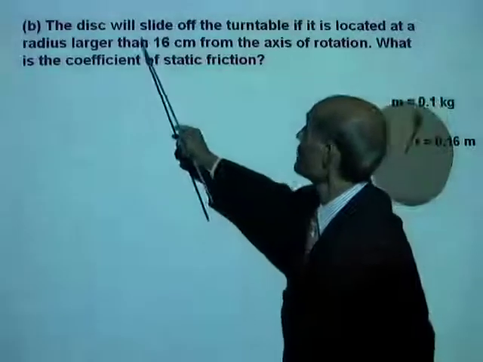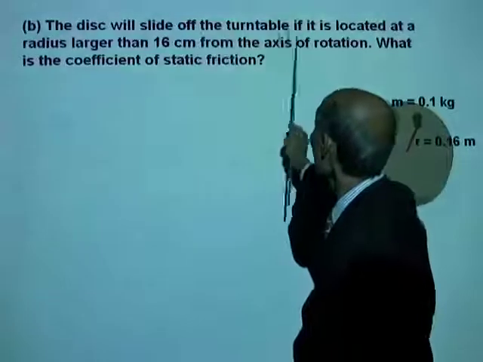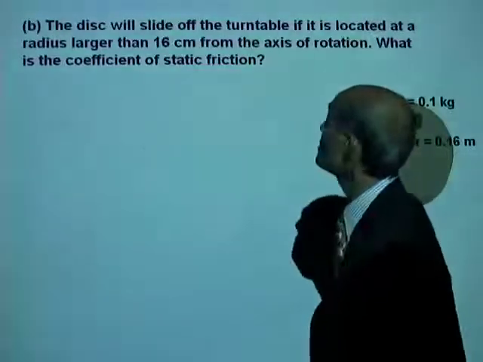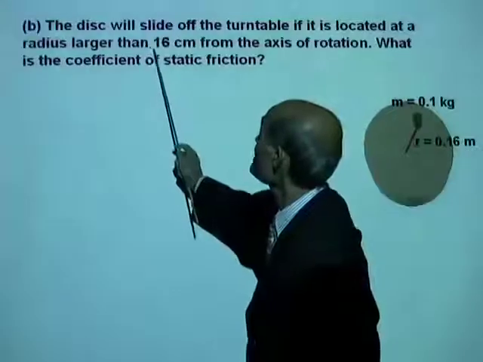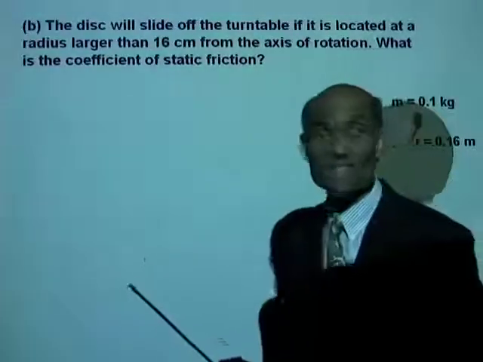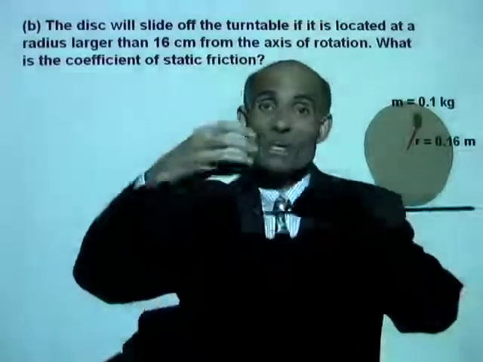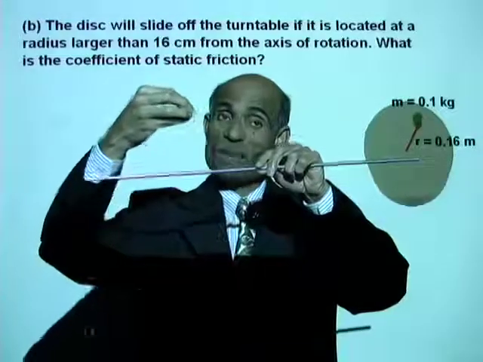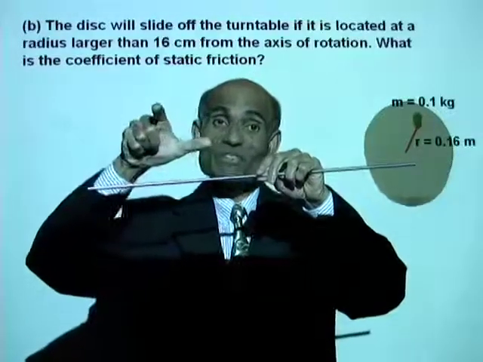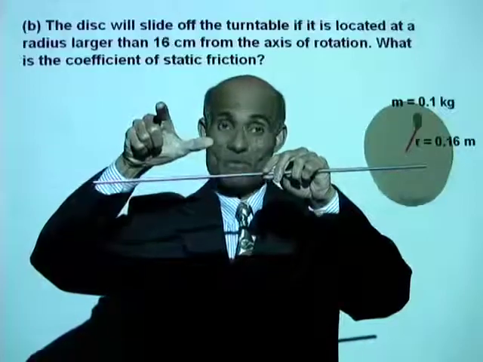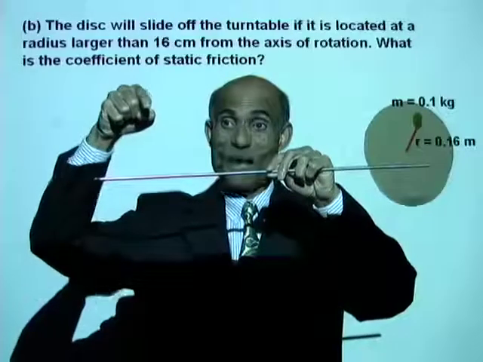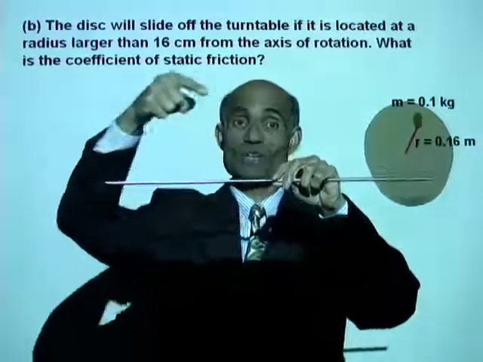In the B part, the disc will slide off the turntable if it is located at a radius larger than 16 centimeter. That means if you move the disc away from the center, the radius is increasing. Is that right? That's right. So what happens to the centripetal force?